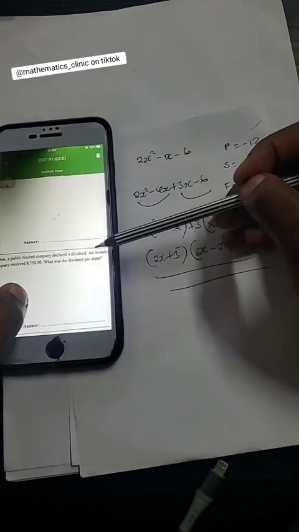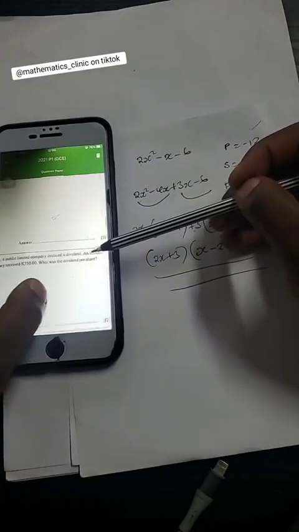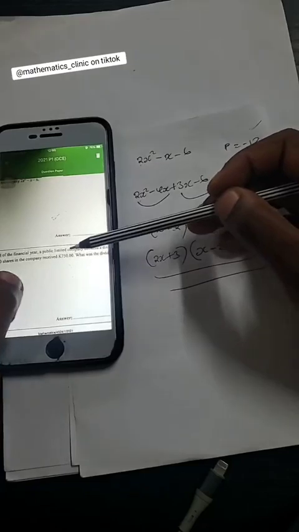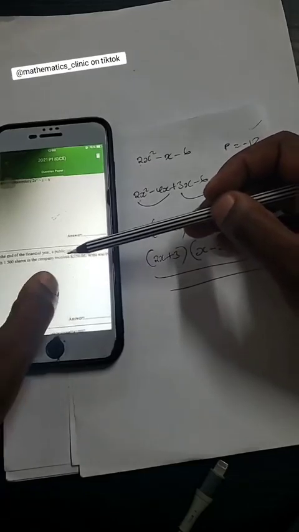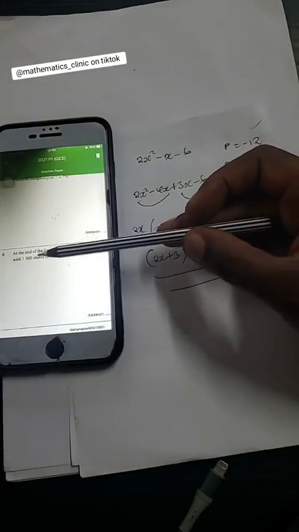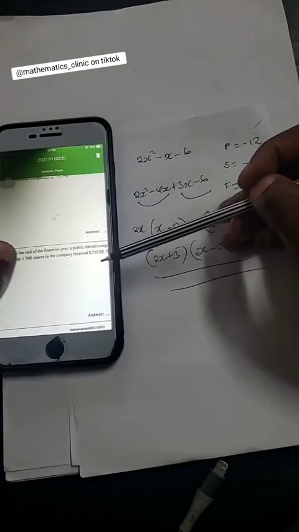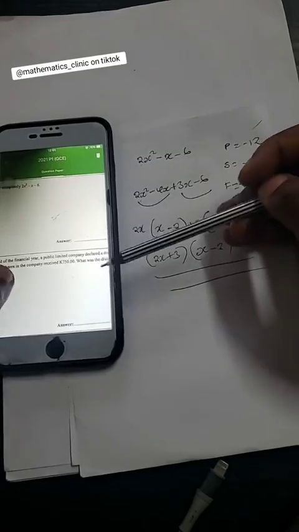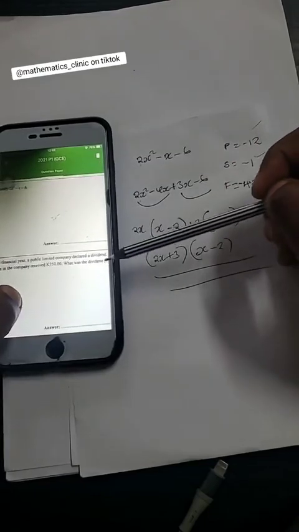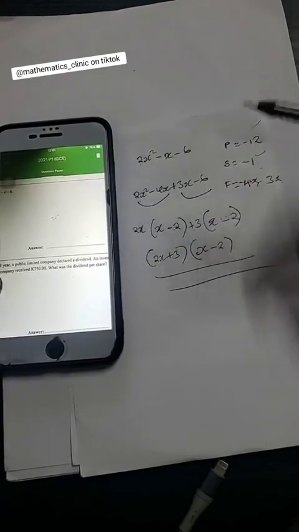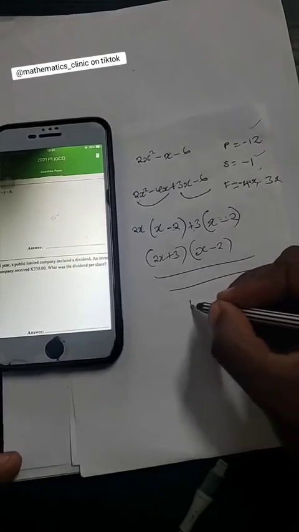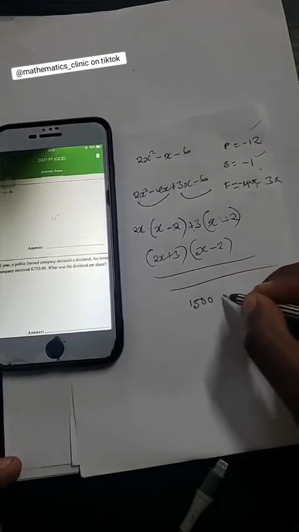Now, dividend. An investor by the name Neri invested in 1,500 shares in the company and received 750 as dividend. What was the dividend per share? So listen, Neri has 1,500 shares of that company.